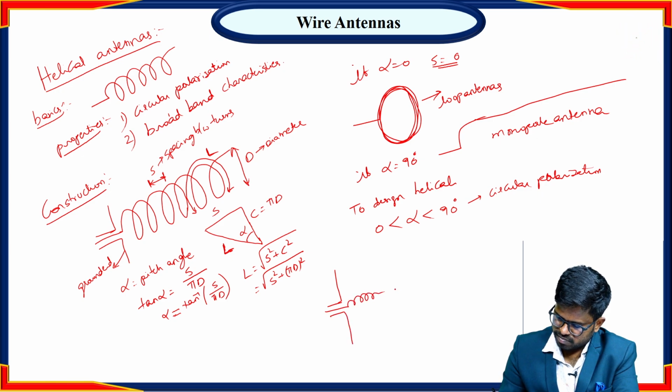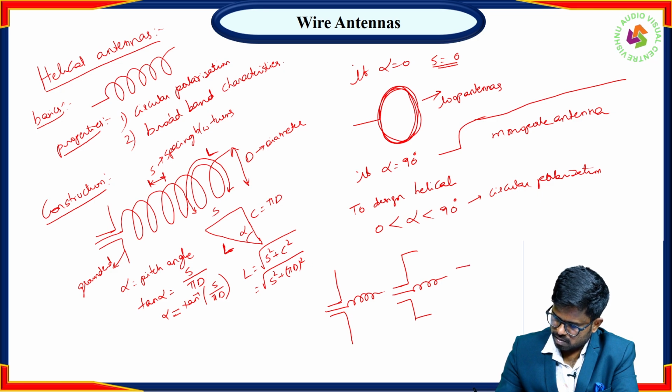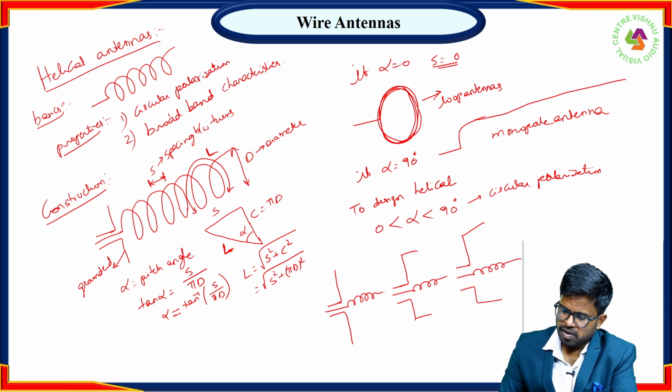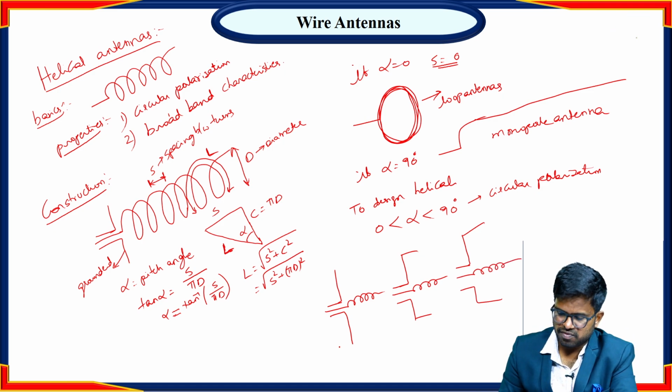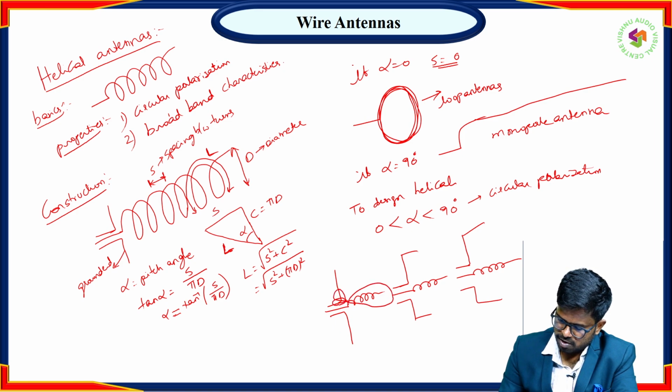With normal grounding, the minor lobes are very high. So this is the normal case.